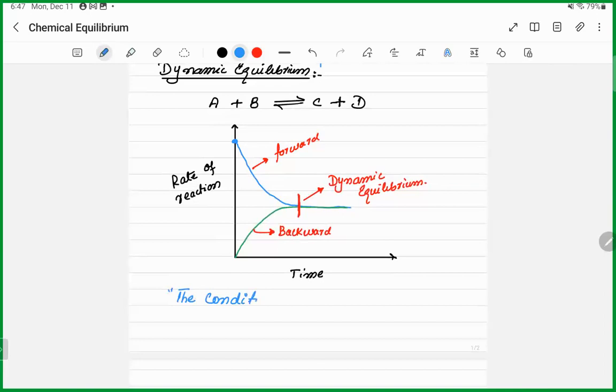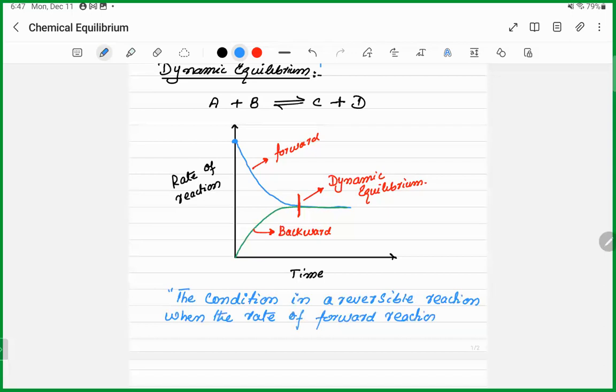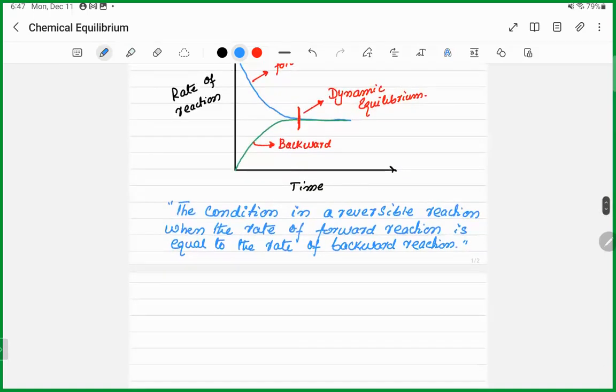The condition in a reversible reaction when the rate of forward reaction is equal to the rate of backward reaction. Okay, this is called dynamic equilibrium.